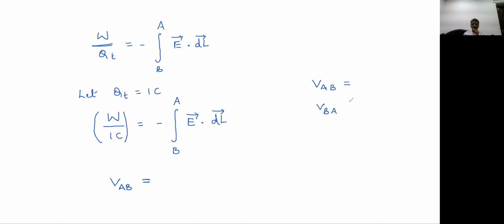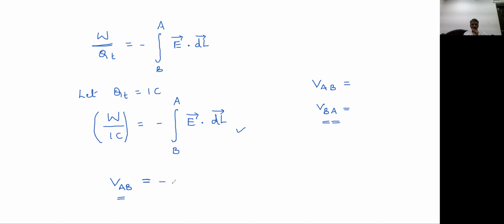What we get after simplifying is minus integral B to A of E dot dl. So don't think that V_BA is equal to V_B minus V_A, or that it is V_A minus V_B. Just after simplifying this minus integral B to A of E dot dl, whatever is the expression, you have to write it. Here I am representing it as V_AB, but some textbooks will also give it as V_BA. It is purely our choice.